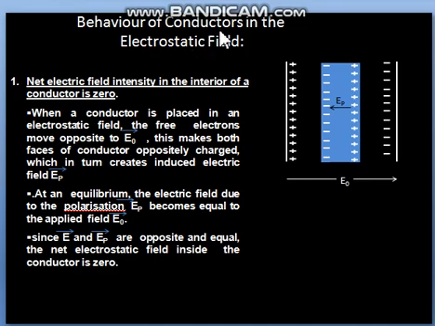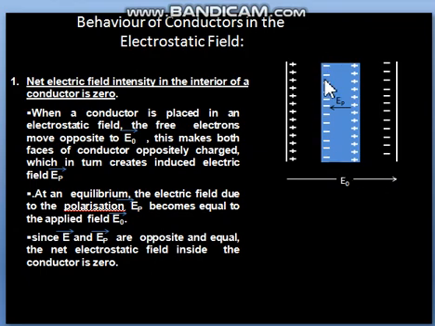Now suppose we keep a conductor in between these two plates. What will be the behavior of the conductor? It's very simple. A conductor has so many free electrons. All the free electrons, that means the negative charges, will get accumulated on the left face, because negative charges always move opposite to the direction of the external electric field.